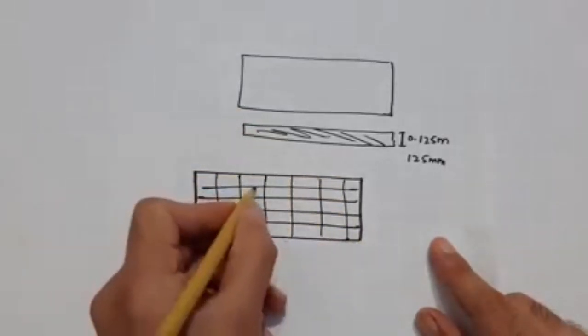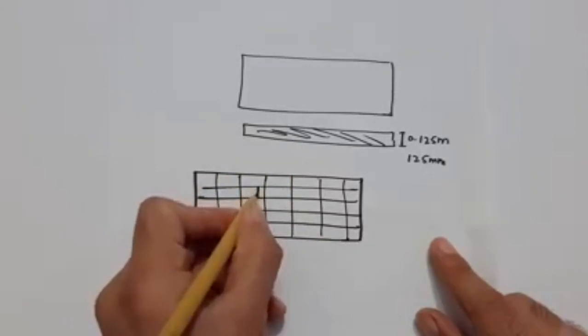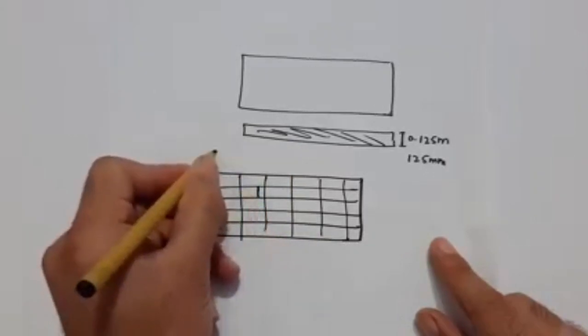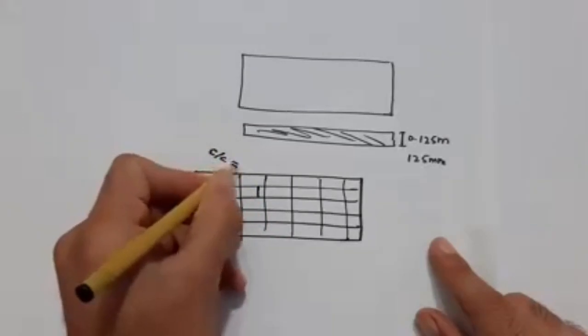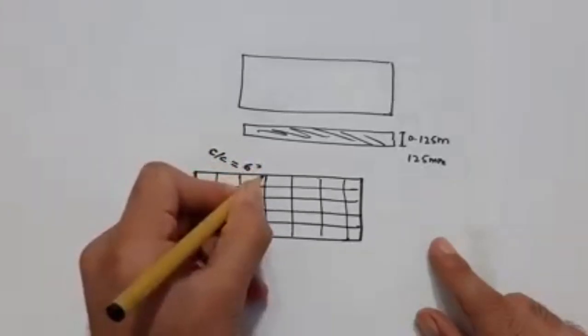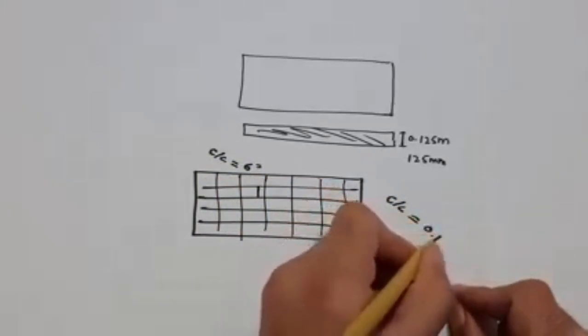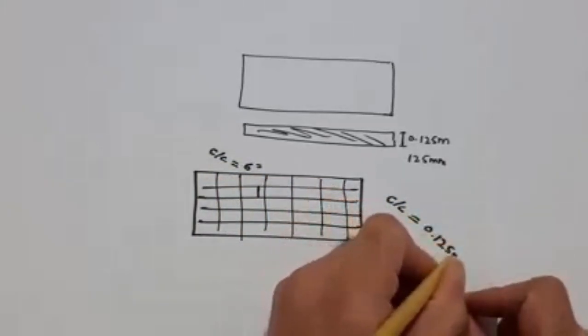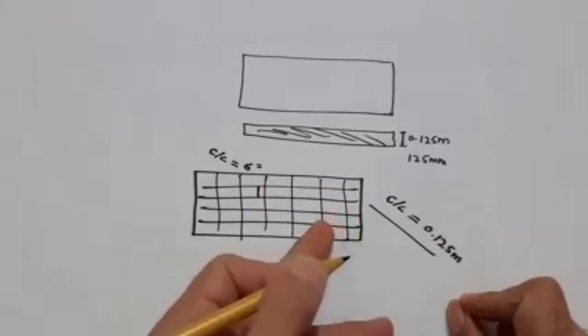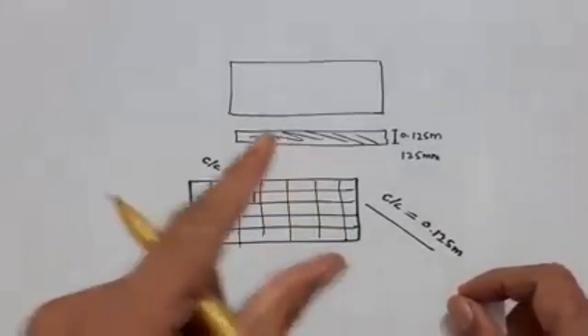The space between two steel rods we can say C/C, for example, 6 inches, or C/C is equal to 0.125 meter, etc. So it means spacing between two steel rods.